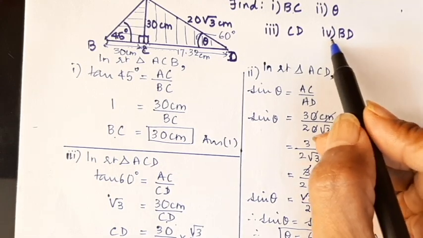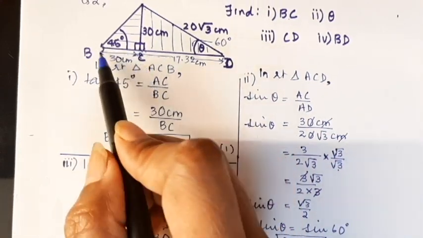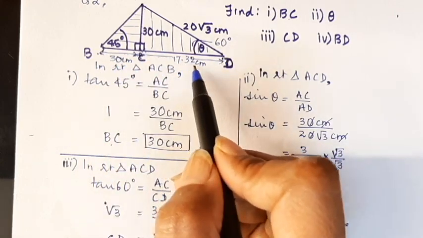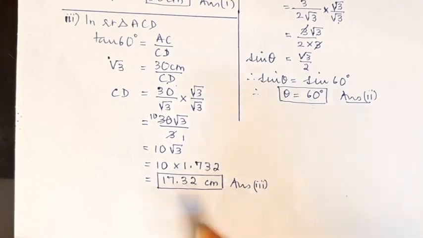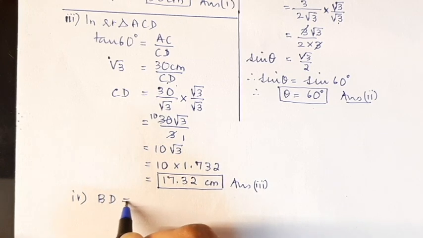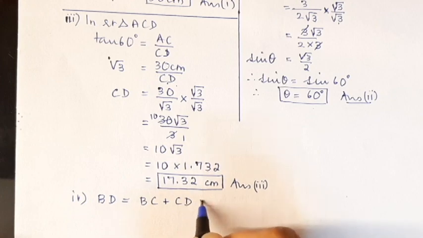Now they are asking us the fourth subpart, which is BD. Now BD is going to be equal to BC plus CD, which means 30 plus 17.32. And so we will go to the fourth subpart and we will say BD is equal to BC plus CD.